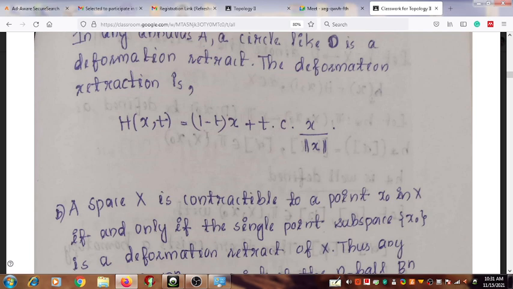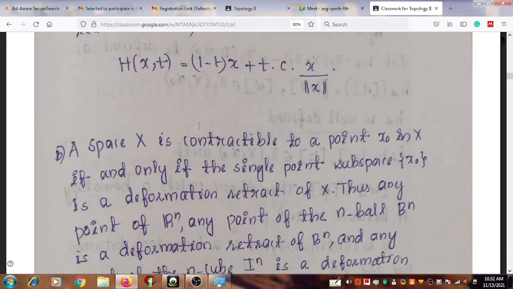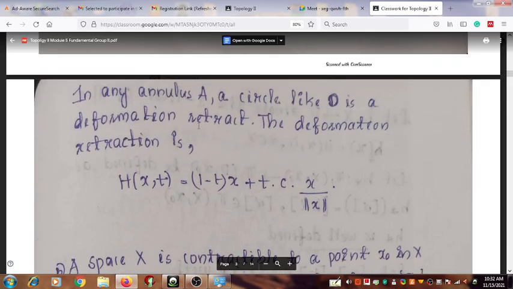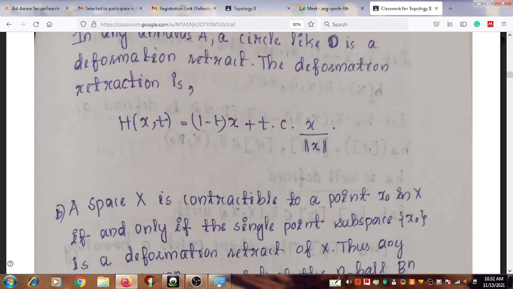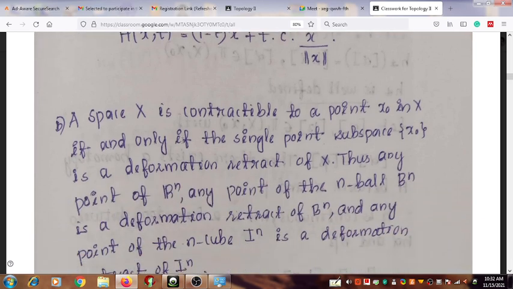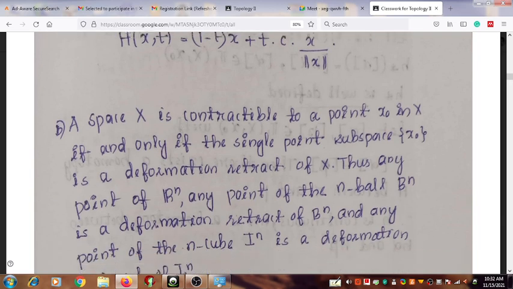You can also verify that for all values of t, when x belongs to the subspace under consideration, the point is kept fixed by this map. So that is the general example. First we saw a simple example, and then we explained a generalized example. So the second example is now complete.